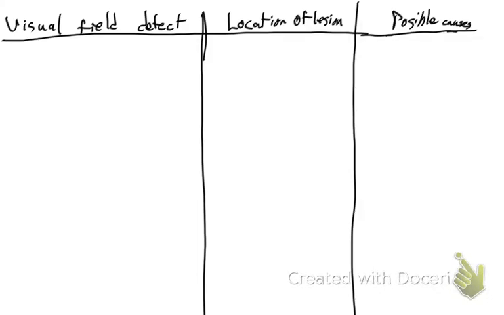We can already have it. Okay, so the next lesion is a bitemporal hemianopia. So this is bitemporal hemianopia.